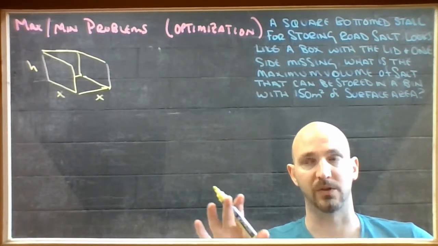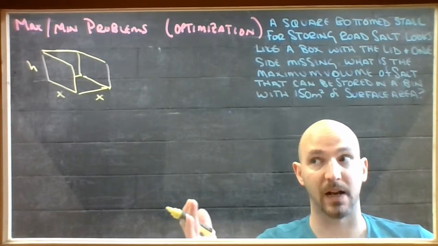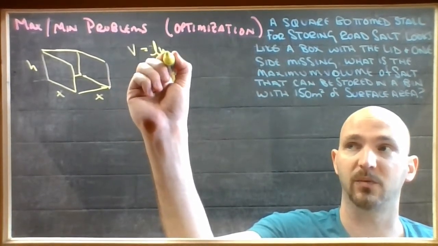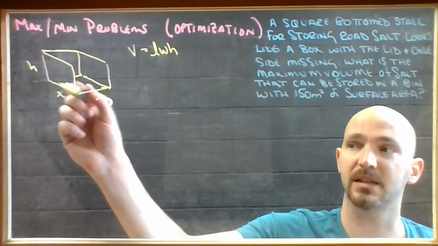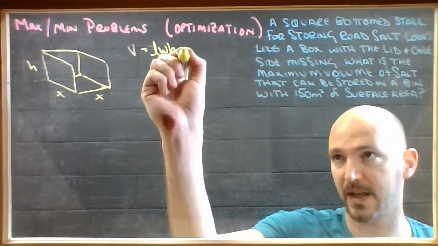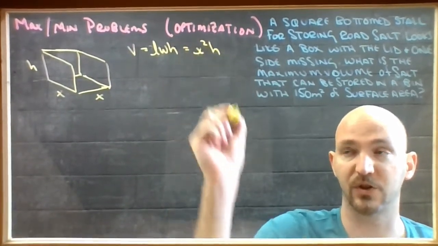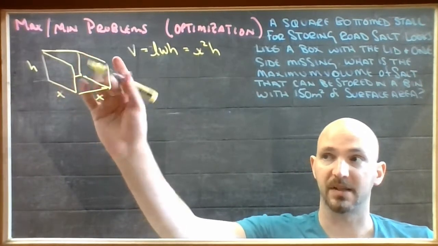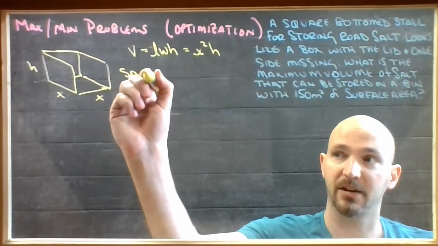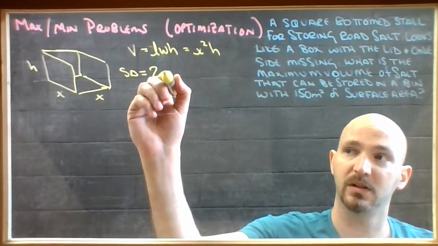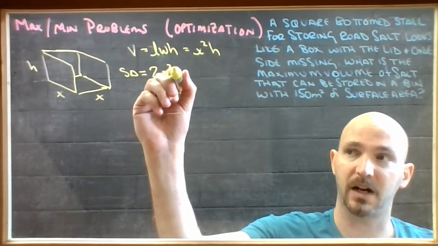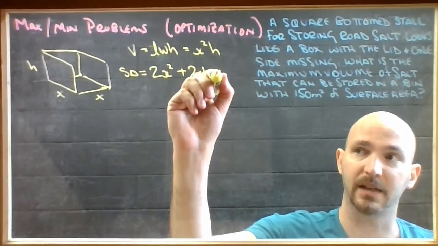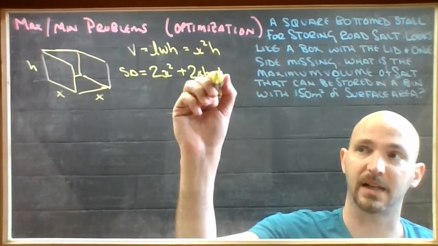Okay, so just geometry-wise, this is a rectangular prism. So I'm going to start with volume is length times width times height, but because it's square bottom, length and width are the same, so I get this, which is what I had last time. Surface area for this particular box, surface area is normally a top and a bottom, a front and a back, and a left and a right side.